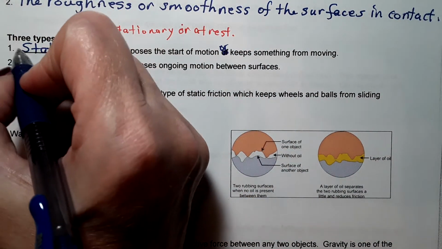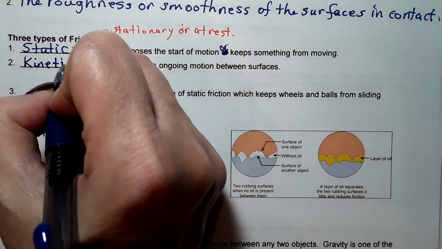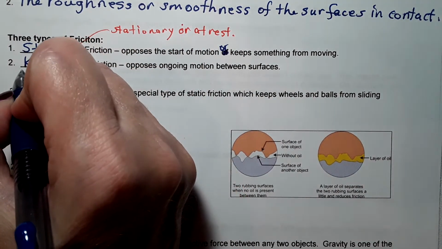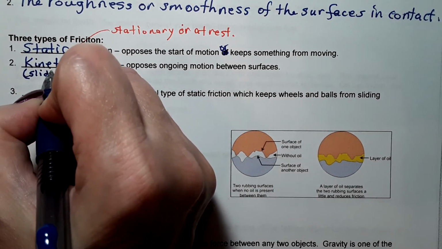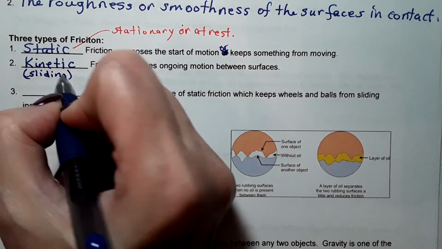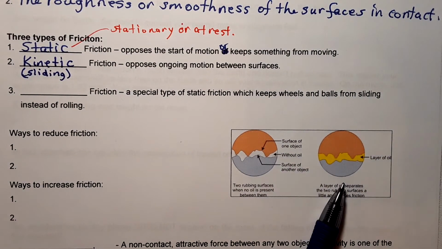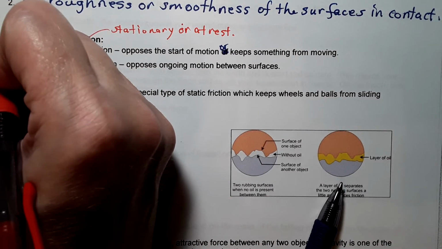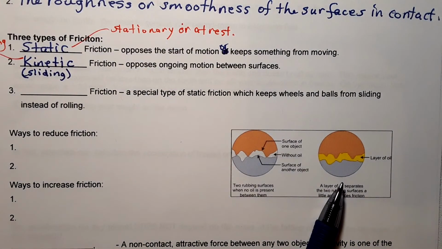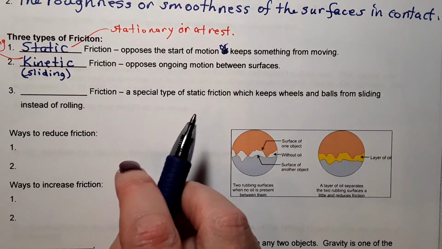Now, then we have kinetic friction. You will find sometimes that people will call it sliding friction, so I'm going to put that right under here in parentheses. Sliding or kinetic friction. Kinetic is a term that just means moving, just like sliding means moving, except kinetic is the scientific term, okay?